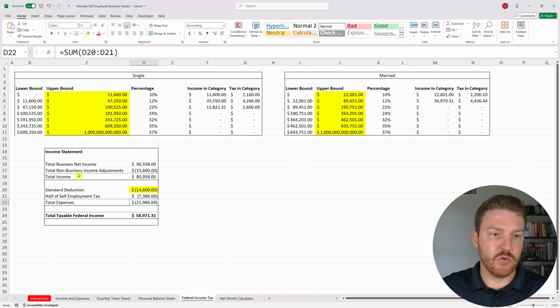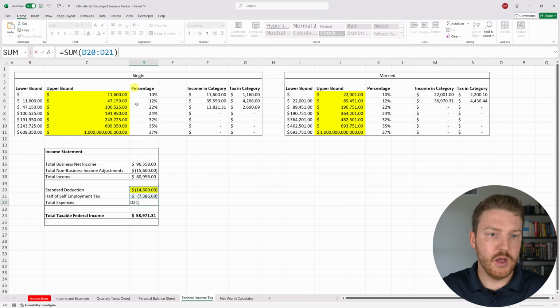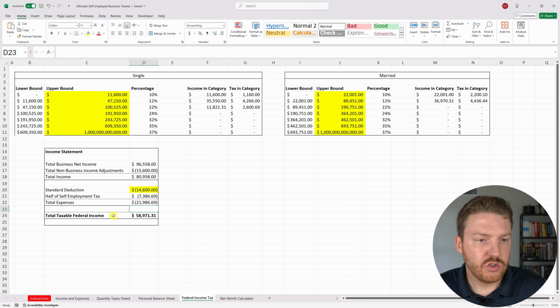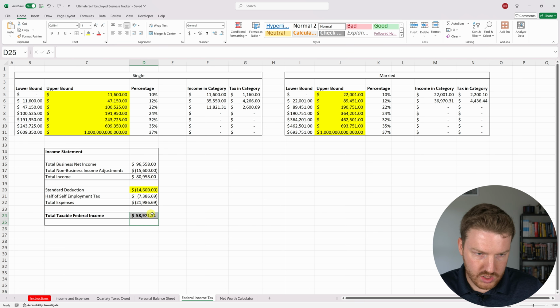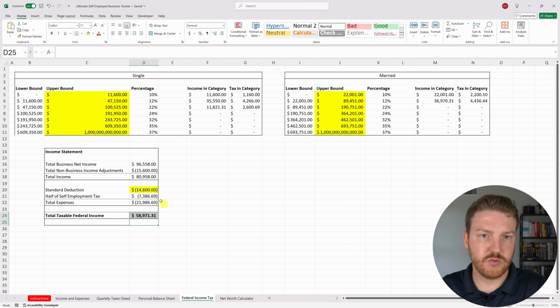So now we can reduce our total taxable income by the sum of both of those values to get this total taxable federal income of $58,971. So now we know this is the amount we're going to use for our total taxable income.